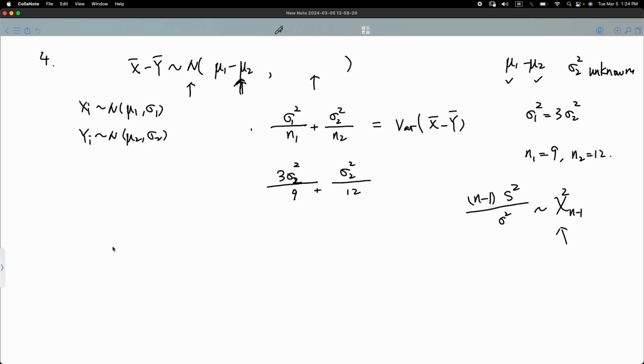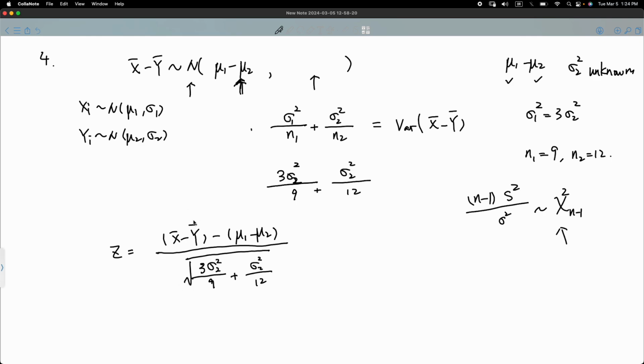First of all, let's define the standard normal, which is x bar minus y bar, and then you need to center it around 0, so you subtract mu1 minus mu2. Then standardize it by its standard deviation: 3 copies of sigma 2 squared over 9 plus 1 copy of sigma 2 squared over 12, and then take the square root.